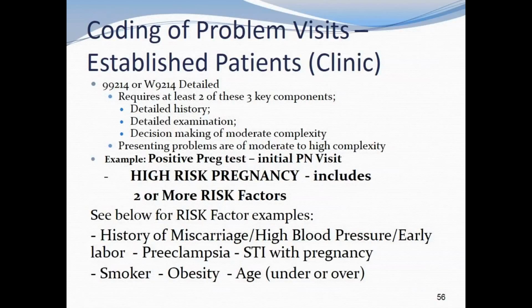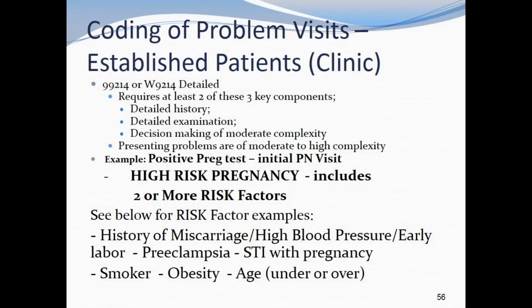So if you have a patient in front of you and they're a smoker and they're obese or their age is young or old, you know what that is. Or if they also have a history of miscarriage, high blood pressure, early labor, preeclampsia, STI with pregnancy, that's even a risk factor. But if you go through all those risk factors and you find 2 or more, then that actually can be a detailed visit.